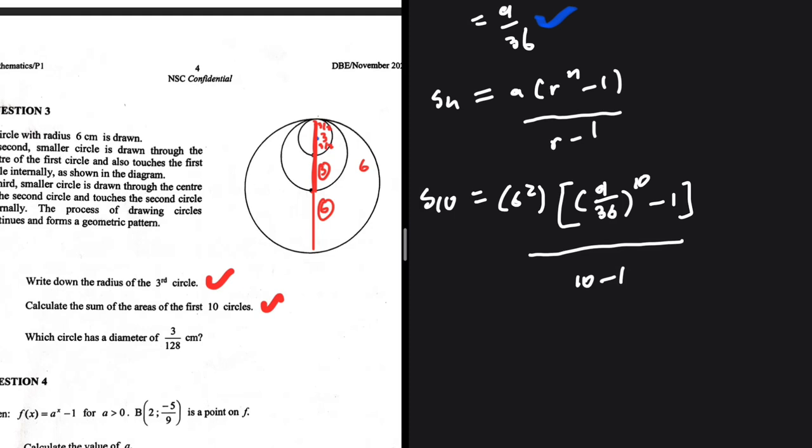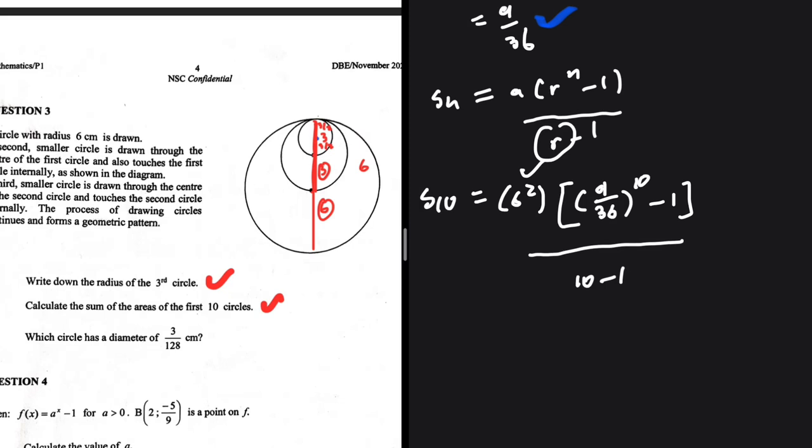I'm getting, let me just verify that I'm doing the right thing. So the first term is 36, and then, okay, here I have r minus 1. I substituted 10 there, which is wrong. It's not n minus 1, but r minus 1. I was getting a negative number, so I was getting surprised.